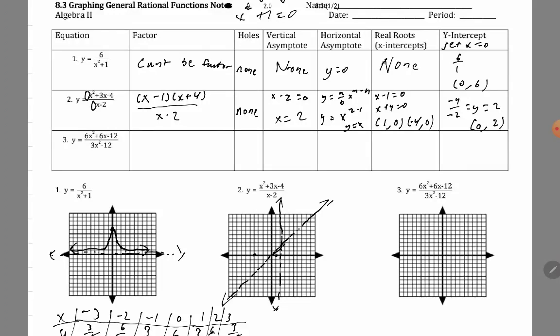Okay. Now let's punch in some points. So x, y. So this is where you kind of just have to get random with it a little bit. 3 is 14. 4 is 12. 5 is also 12. And 6 is 12.5.